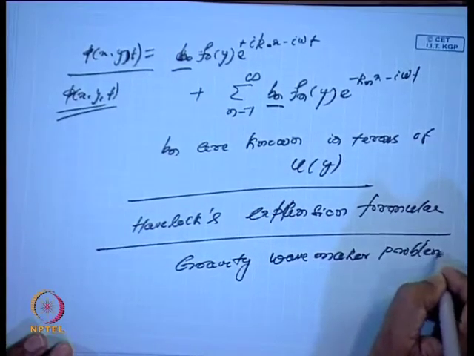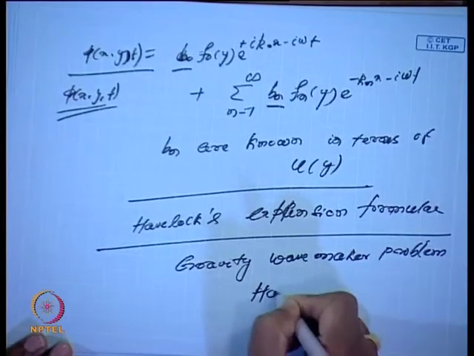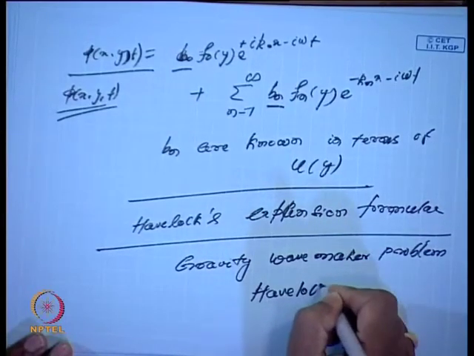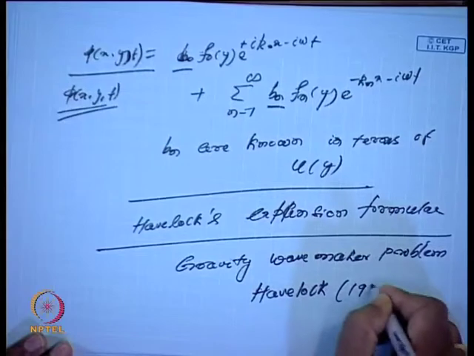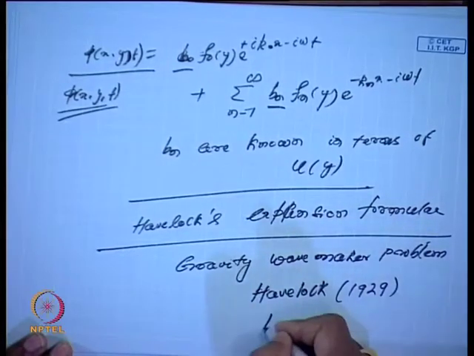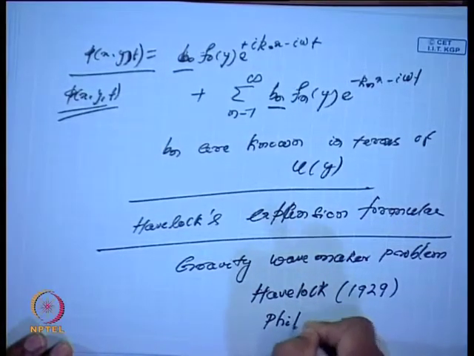In fact, this problem was first developed by Havelock in 1929, and it was published in Philosophical Magazine.